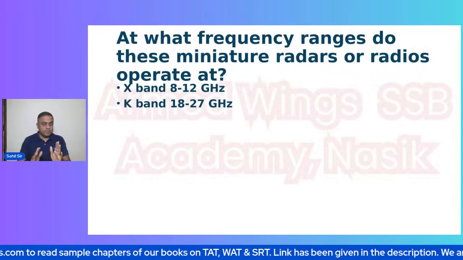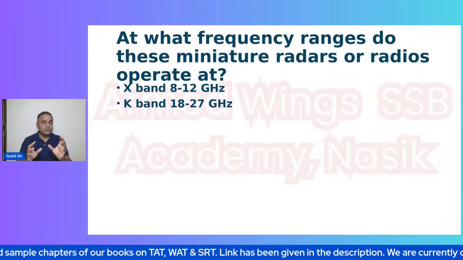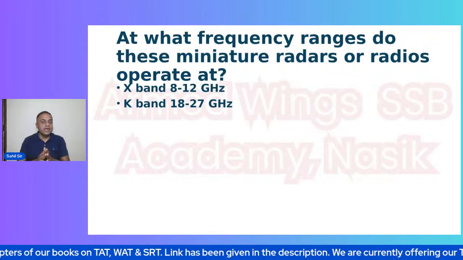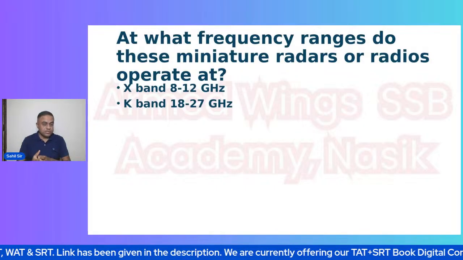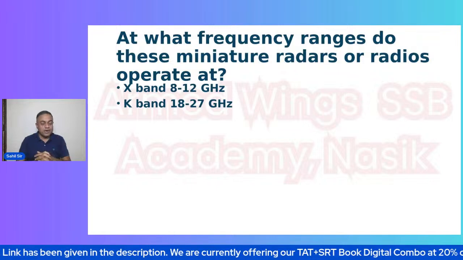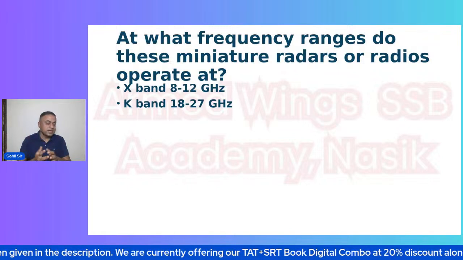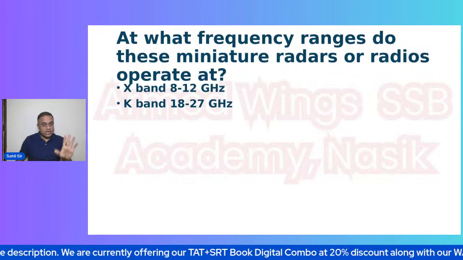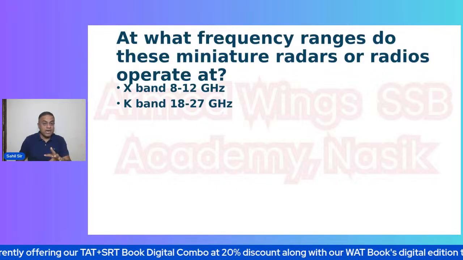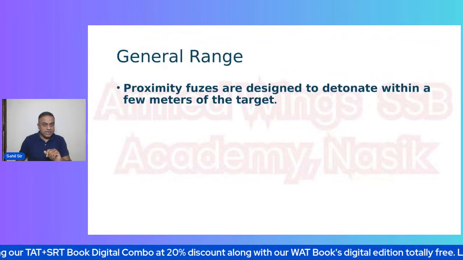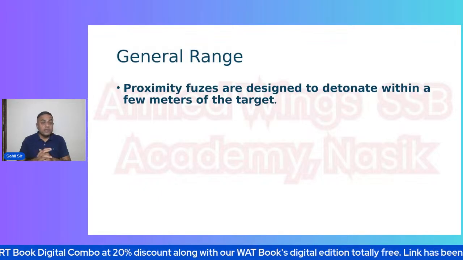Whatever I'm teaching you is applicable for the majority of the equipment in this category, but there can be exceptions also. You always need to ensure that when you are discussing it in front of the IO. So generally it is X band or K band, 8 to 12 gigahertz or 18 to 27 gigahertz. Now, what is the general range?